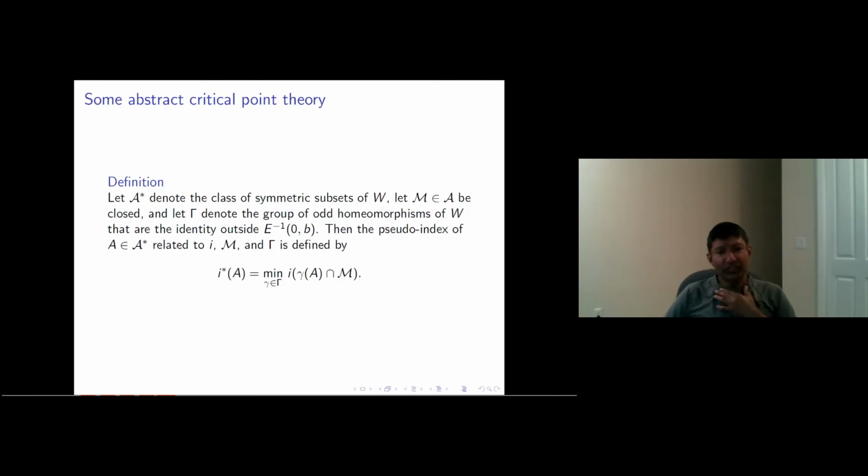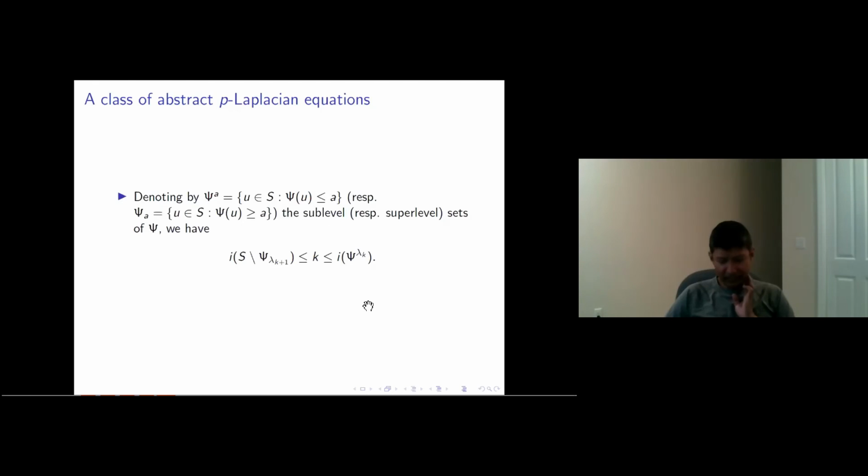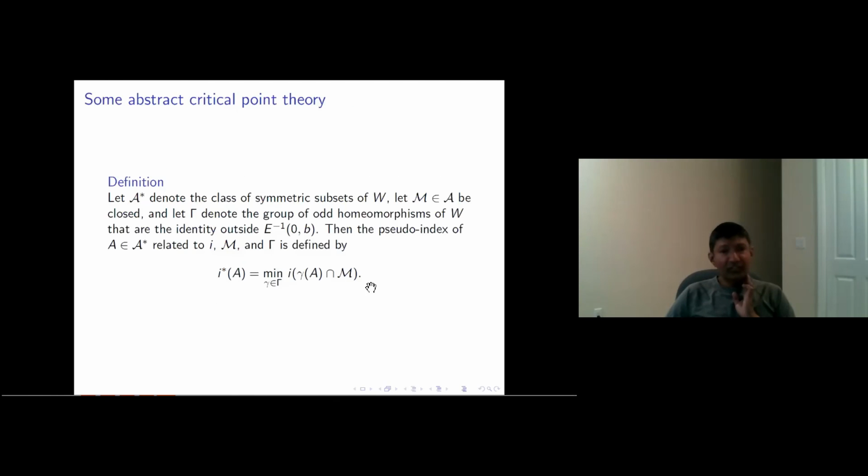The proof is based on the pseudo index related to the cohomological index. So here's the definition of the pseudo index.